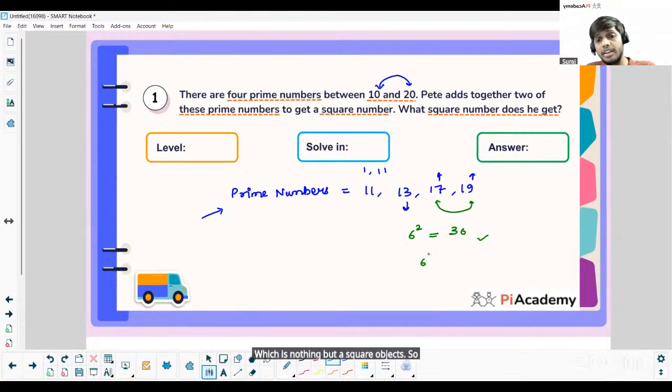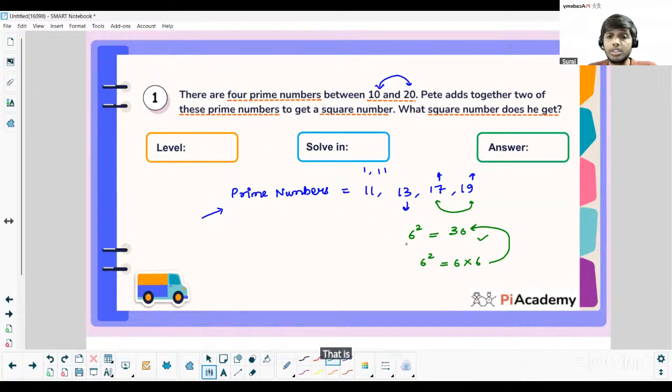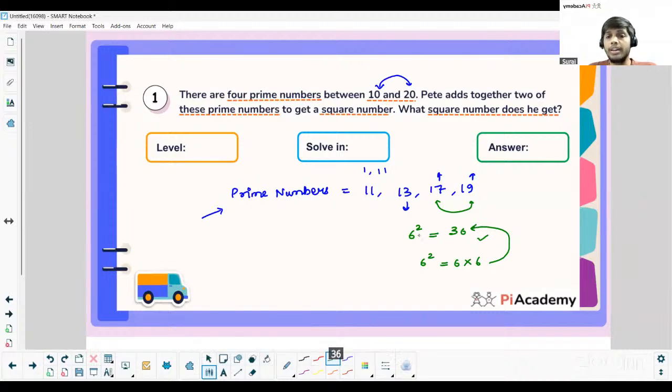So 6 squared is calculated by multiplying 6 two times, and the answer is 36. That is why the square number that we were looking for is 36. And all the prime numbers should be between 10 and 20.